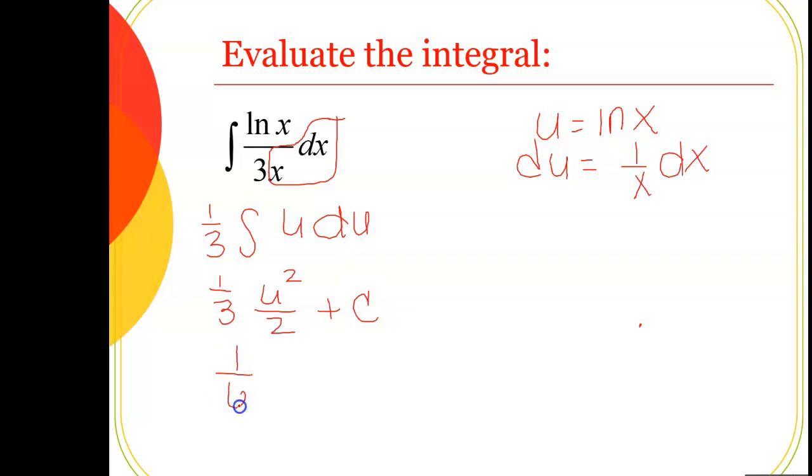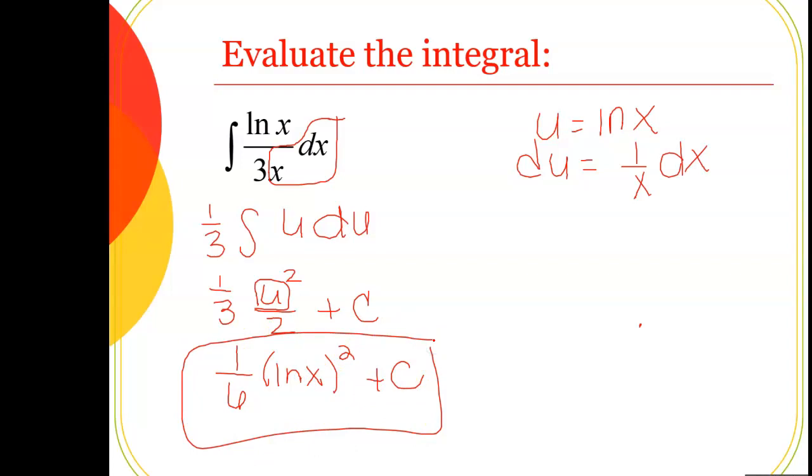So you get 1/6, replacing u back with ln. I get 1/6 ln of x, whole quantity squared, not just the x. That's really important: making sure that you have all of the ln of x being squared, but not the 6, plus c.